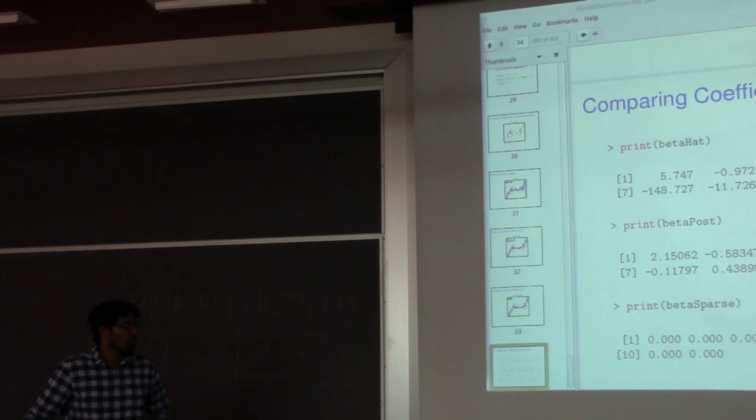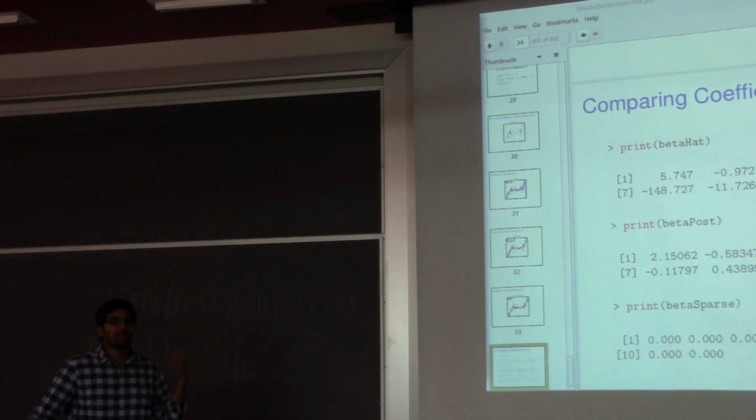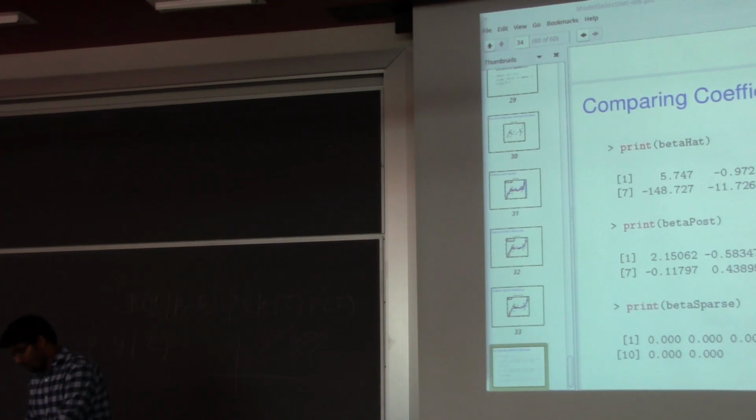I mean, this is just to show that there are various ways people use it. There was another paper where people use it for gene sequencing, like Tipping, for instance, has a paper.